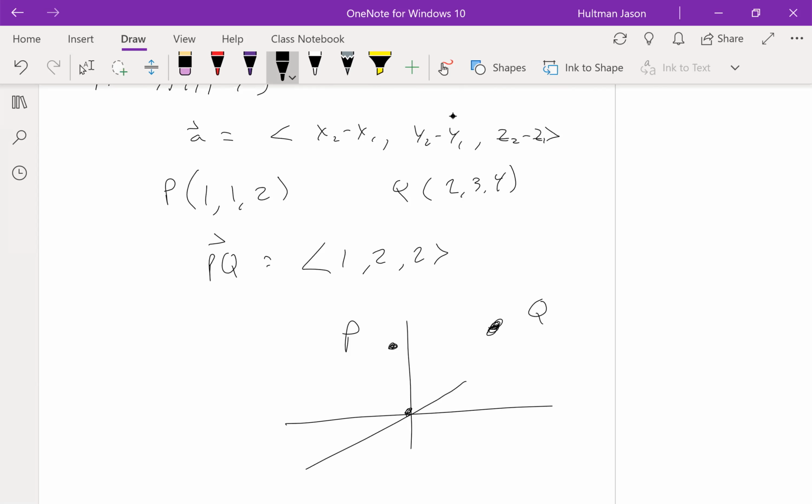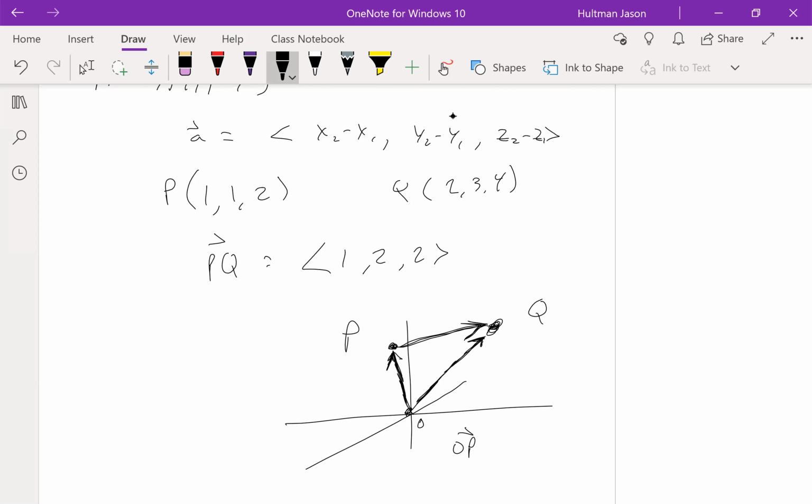How do I want to find the vector P to Q? Well, we take the vector OP, and we take the vector OQ.